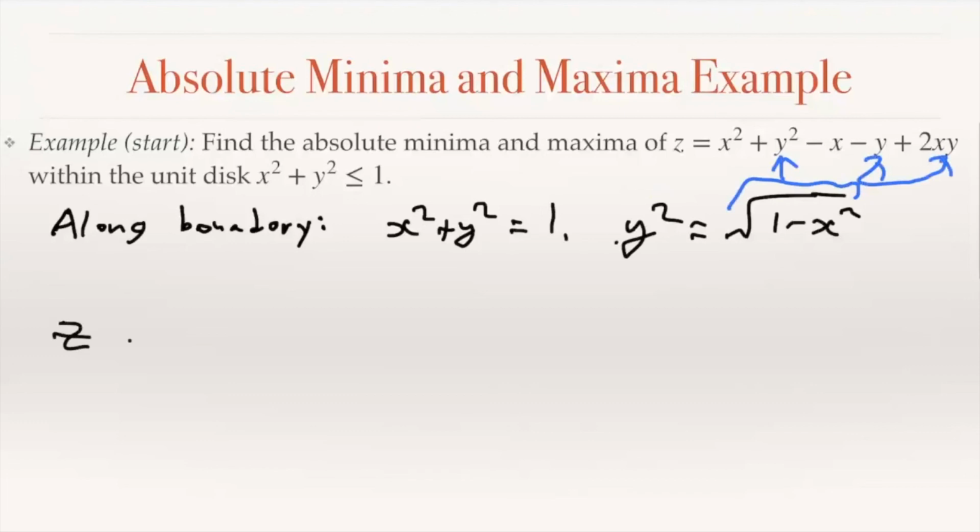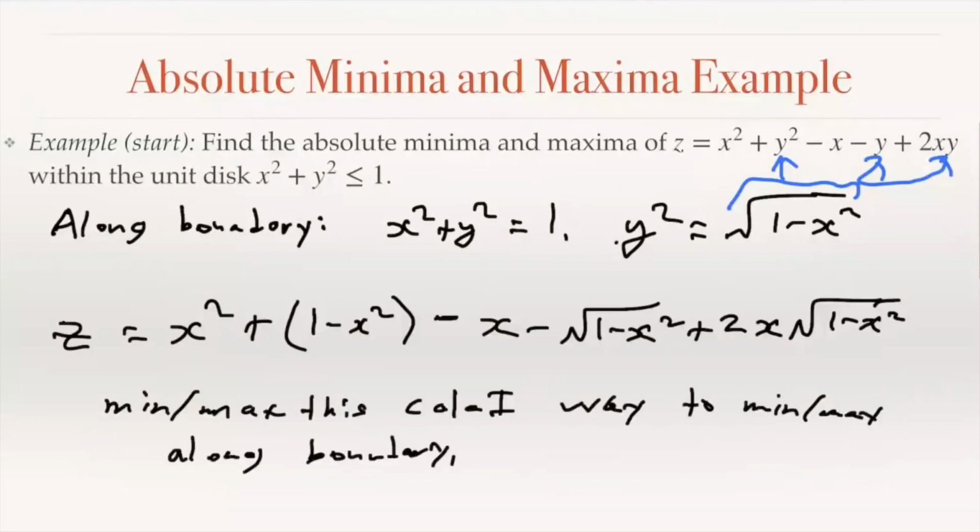And we would have that z is equal to x squared plus y squared is now this, minus x minus y is that, etc. And the point is that we get a function of just a single variable. So minimizing or maximizing along the boundary is really calculus 1 in this sense. And to min-max this along the boundary of the unit disk, we would just differentiate this and set it equal to 0, and that would do it.